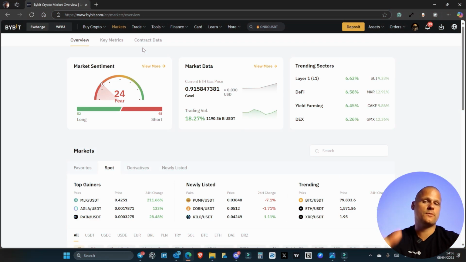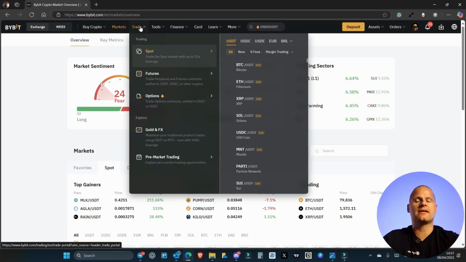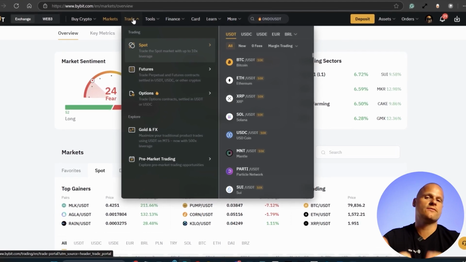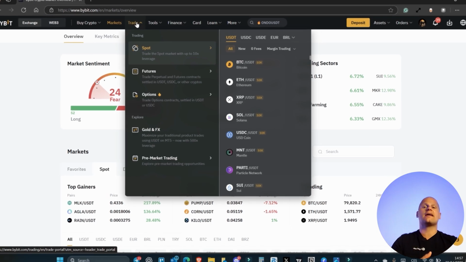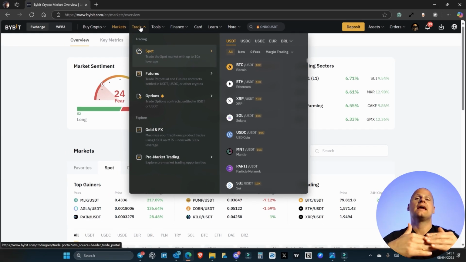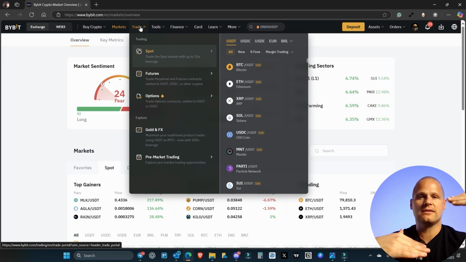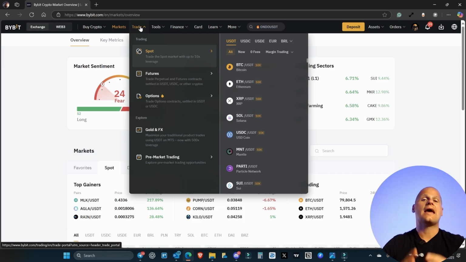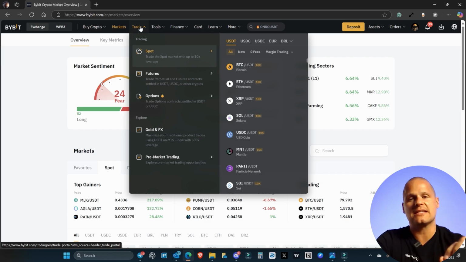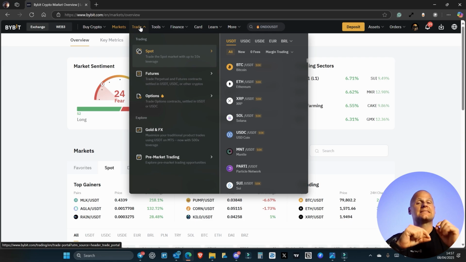Okay, so right now, if we want to go to trade, we simply click on trading in here, and you have a few options. We have spot trading and futures trading. What's the difference? On the spot, I can buy a Bitcoin and hold it, and when I sell it, whether it is at a loss or at a profit. With futures, I can basically speculate on the futures price, so I'm basically signing a contract for the future price.